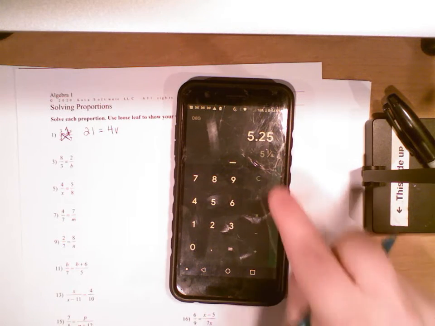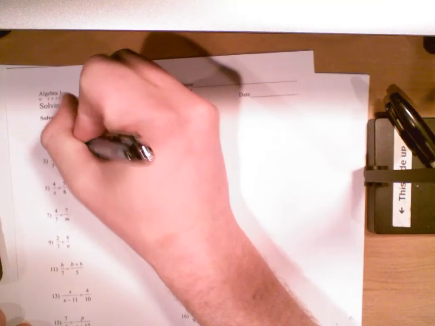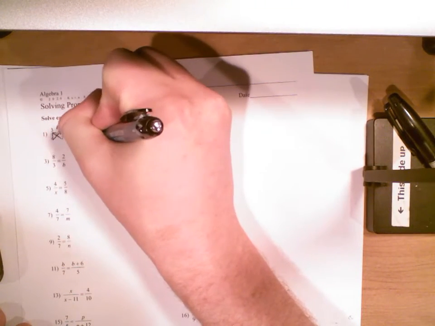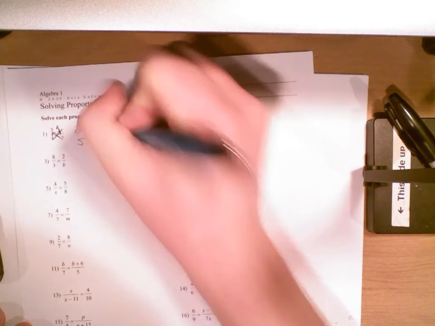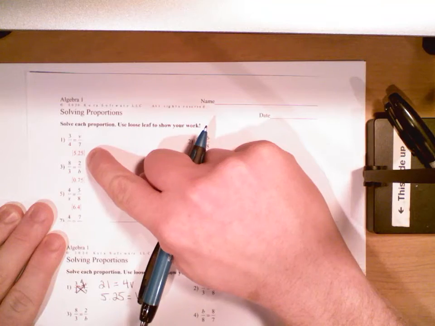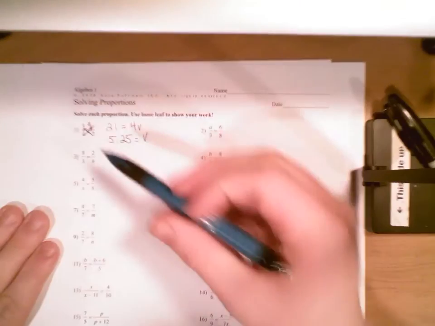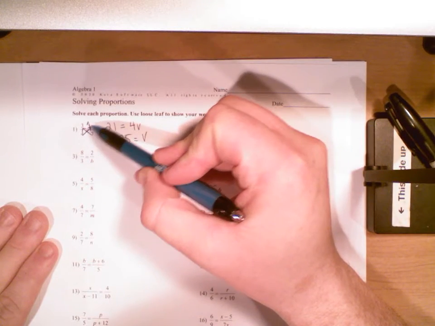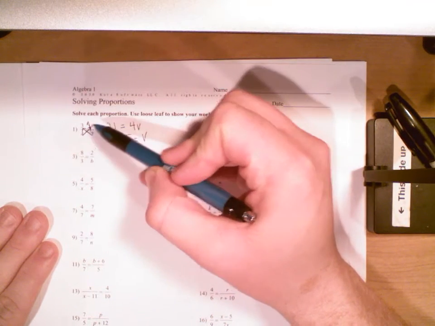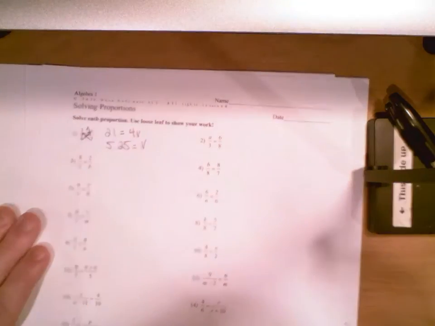My answer is going to be 5.25. 5.25 equals V. And if you look at your answer sheet, it's the same equation. Again, all I did was use my arrows, draw them from one number to the other, from top to bottom, or bottom to top, doesn't matter, as long as they're connecting to each area.